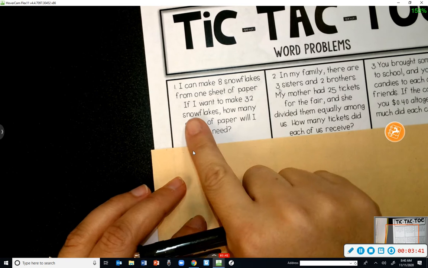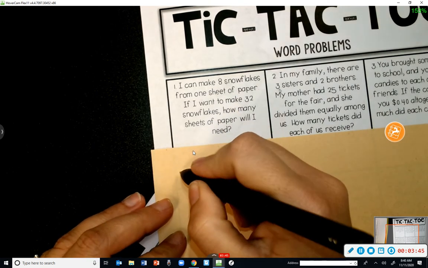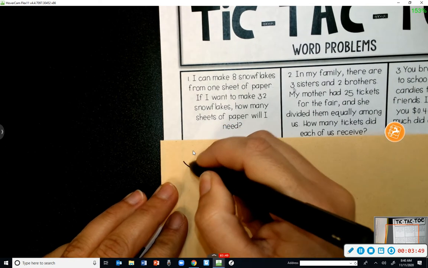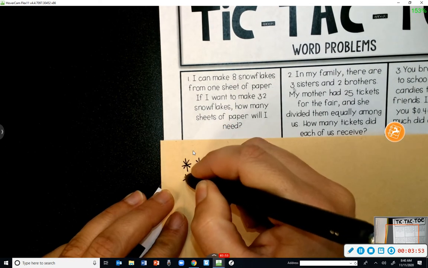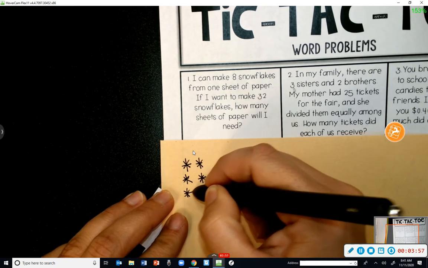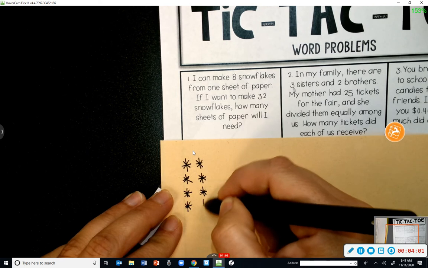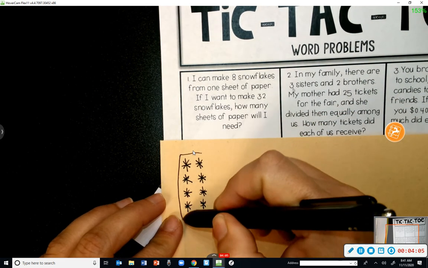It's talking about 8 snowflakes from one sheet of paper. So I could draw 8 snowflakes. Okay, so there's 8 snowflakes, and that was with one sheet of paper.